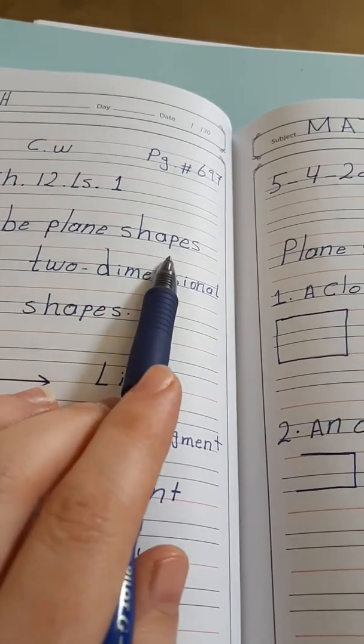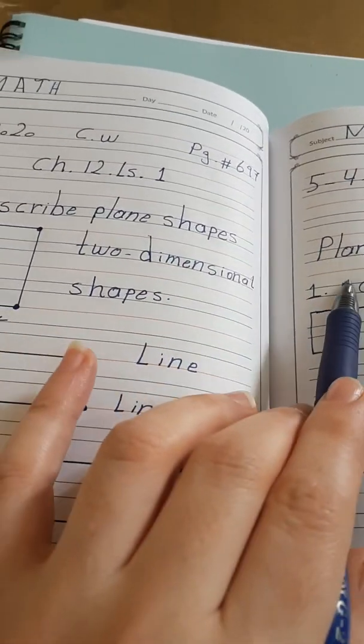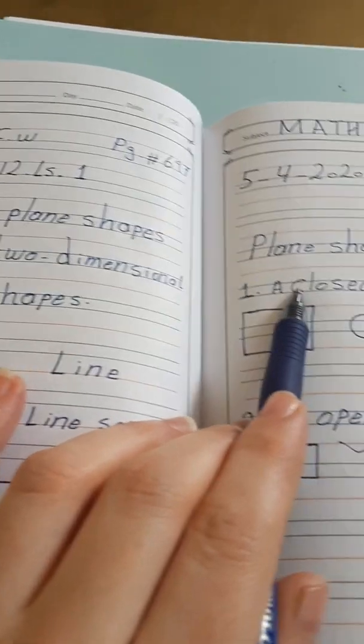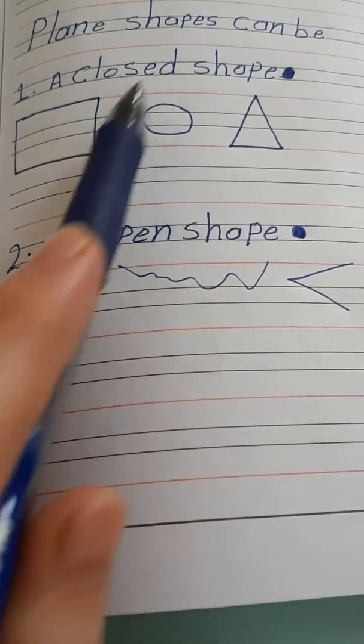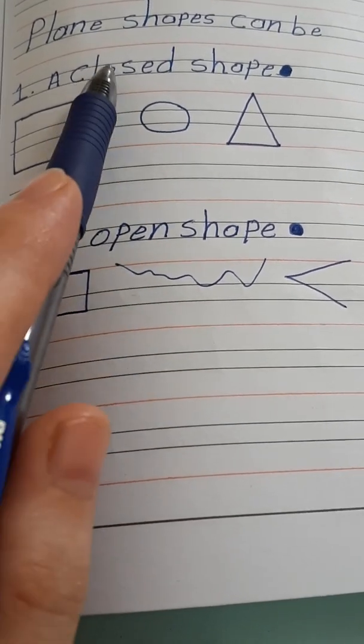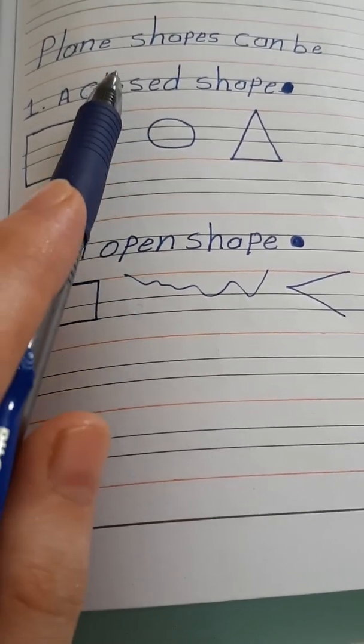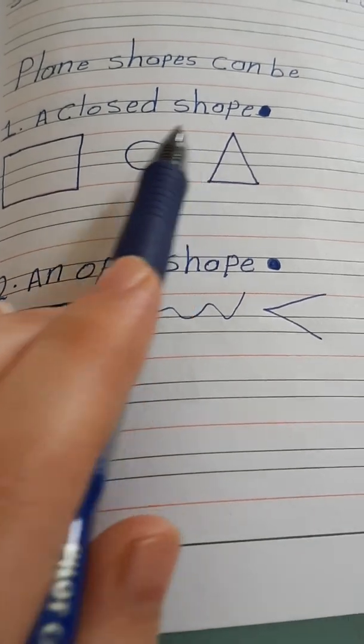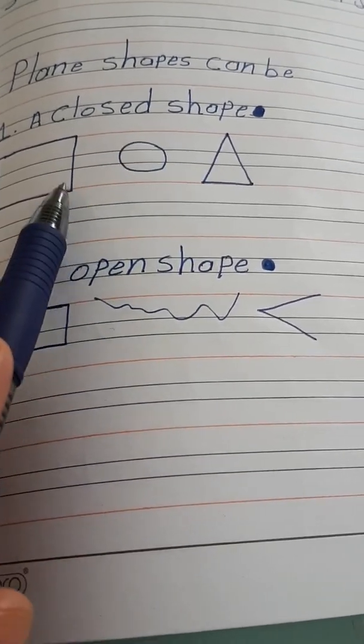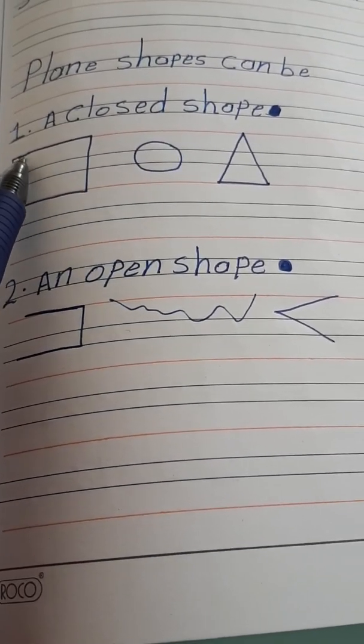any plane shape can be closed or open. A closed shape starts and ends at the same point.